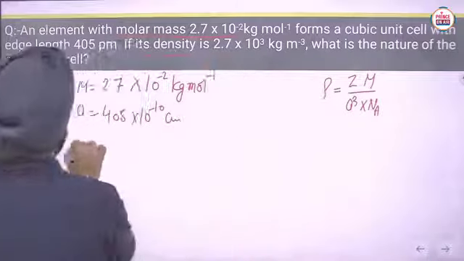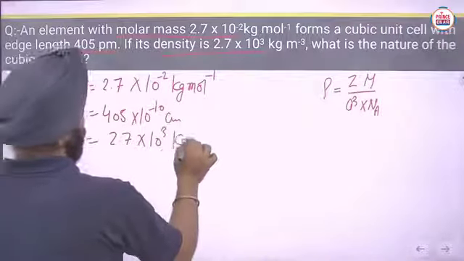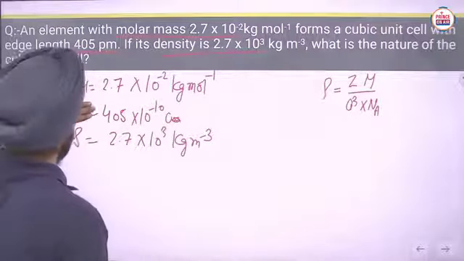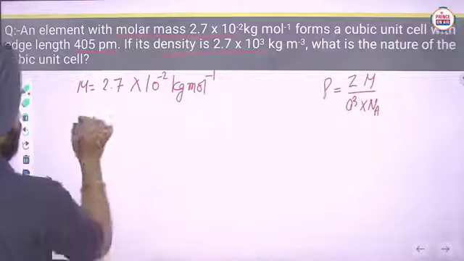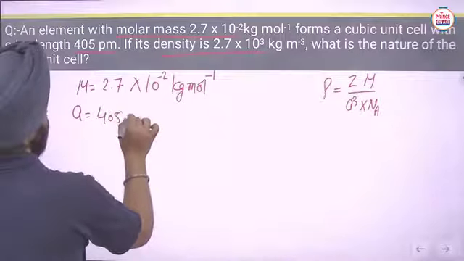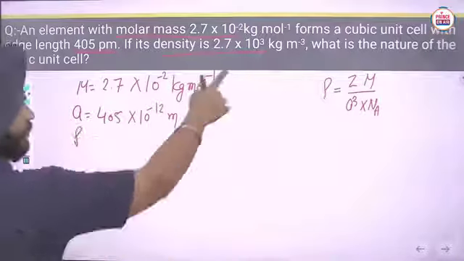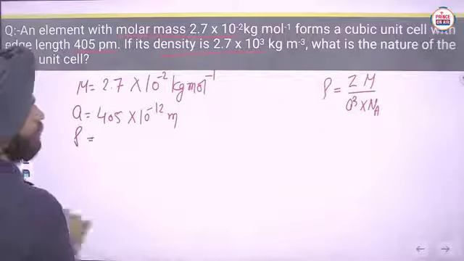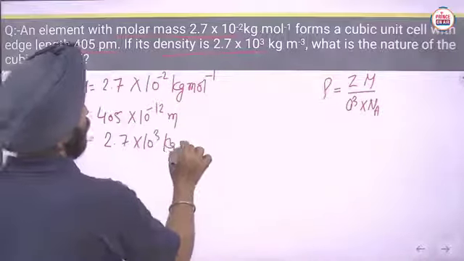Density is also given, rho is equal to 2.7 into 10 raised to the power 3 kilogram per cubic meter. Here you can take it in terms of meter. So a should be in terms of meter, 405 into 10 raised to the power minus 12 meter, because the units are in terms of meter, so that's why I am taking meter. So 2.7 into 10 raised to the power 3 kilogram per cubic meter.